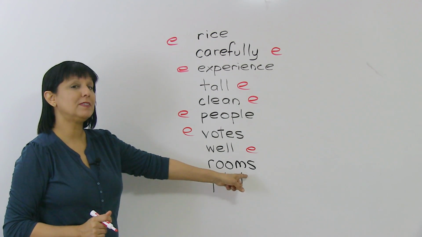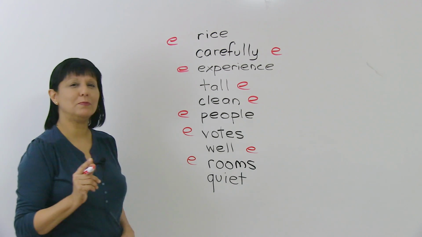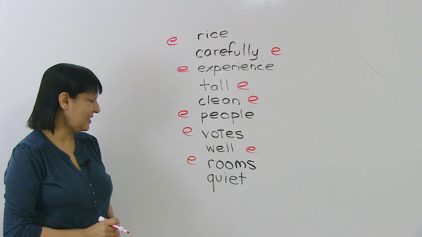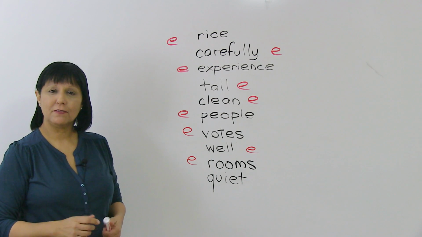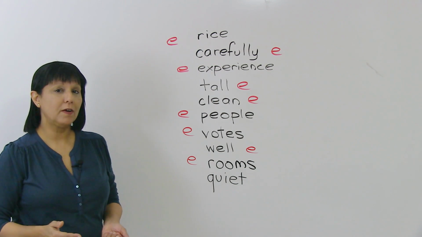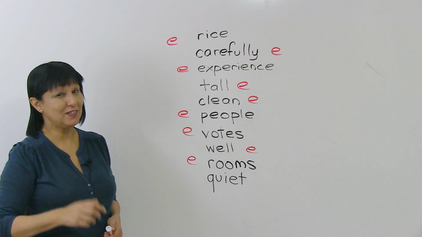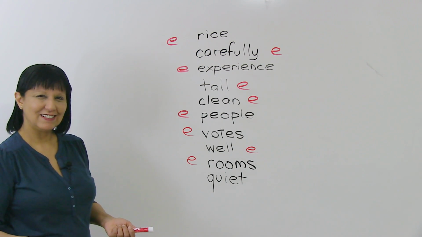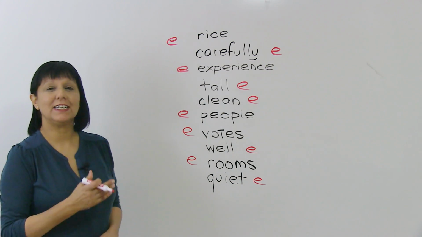I'm saying rooms, okay? So we have enough rooms for everyone. Good. And the house is enough quiet for the baby to sleep, or the house is quiet enough for the baby to sleep. What do you think? Ready? Right. The house is quiet enough.